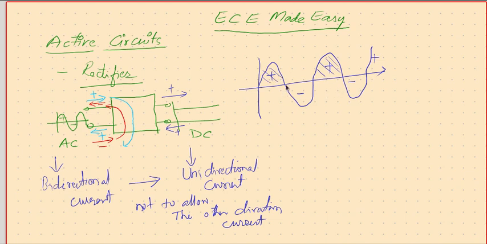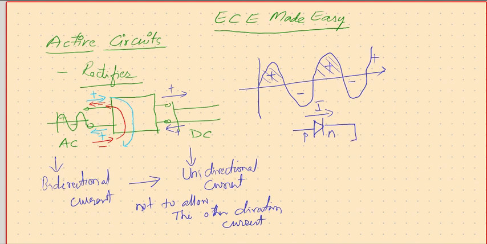So how to make only the positive part to be allowed? Yes, we can make use of a PN junction diode, which allows current to flow only from the P side to the N side and will not allow it from the N side to the P side.